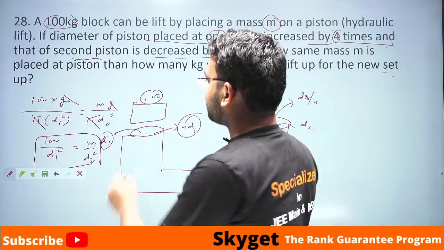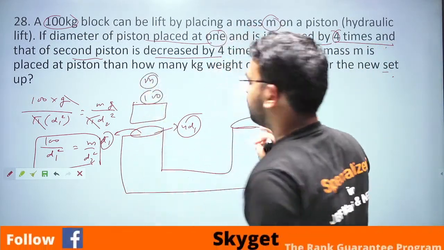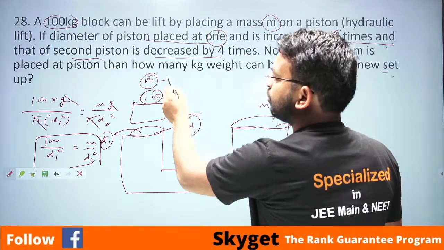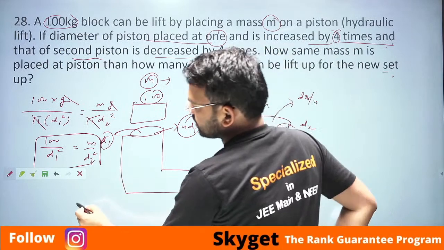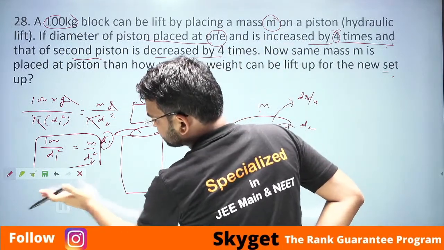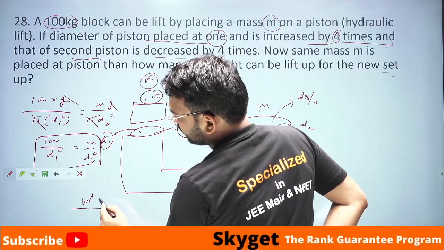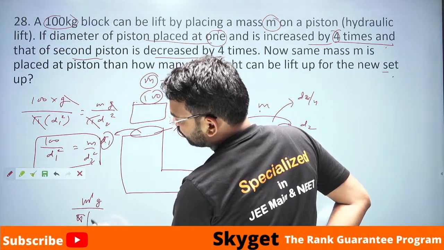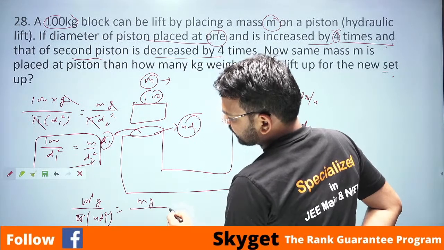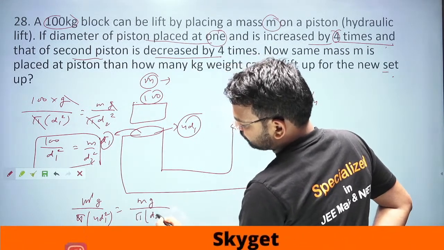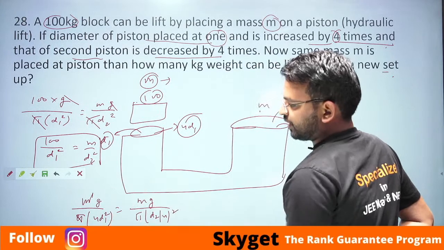How much mass of a new ball will this be able to bear? So again you use the same equation. I can write, I don't know how much that mass will be, so m dash into g divided by pi into 4 times d1 square, equal to m into g divided by pi into d2 over 4 whole square.